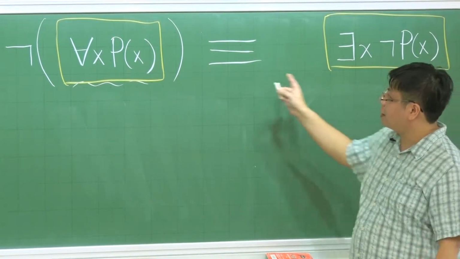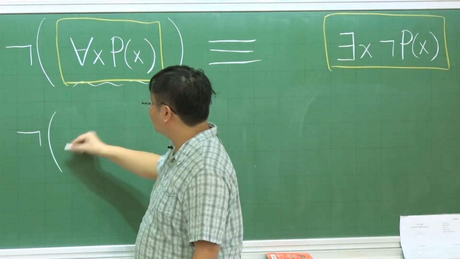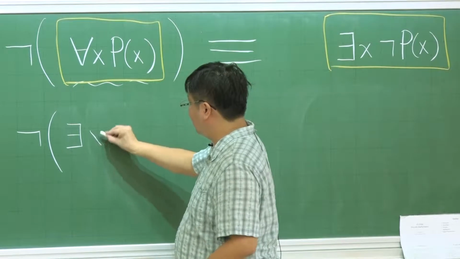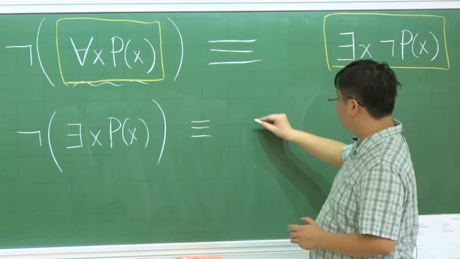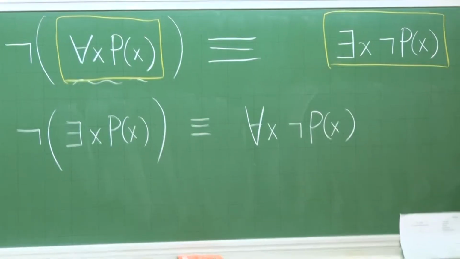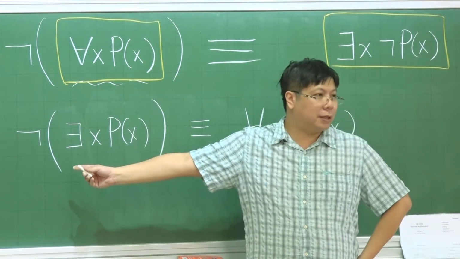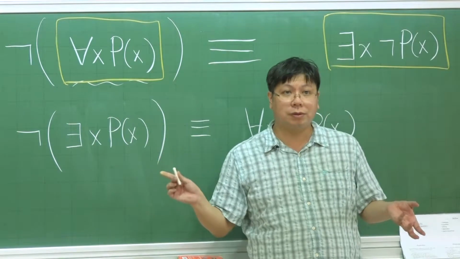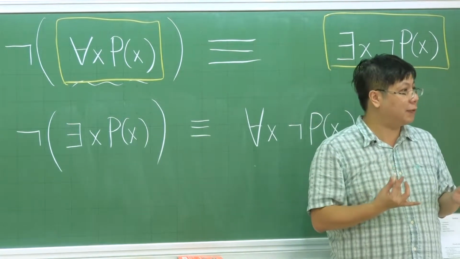So we have another version of De Morgan's law. When you negate there exists x, P(x), it is equivalent to for all x, not P(x). Is that okay? It's like when you tell somebody that it is not correct to say you can find some x such that P(x) is true, then you are actually implying that for every x you can think of, the P(x) values are always false.